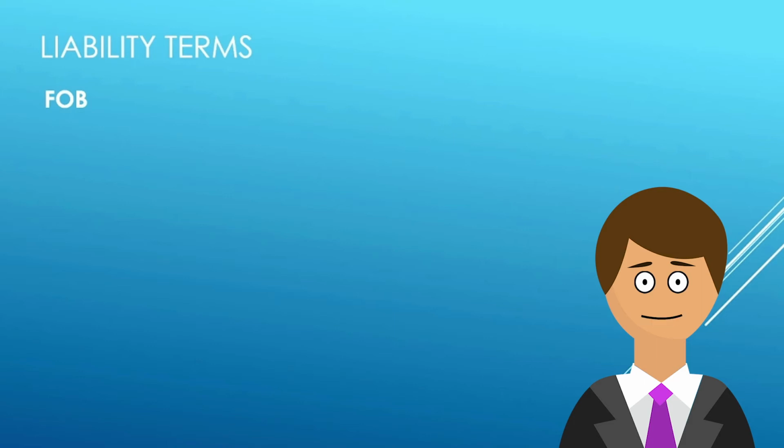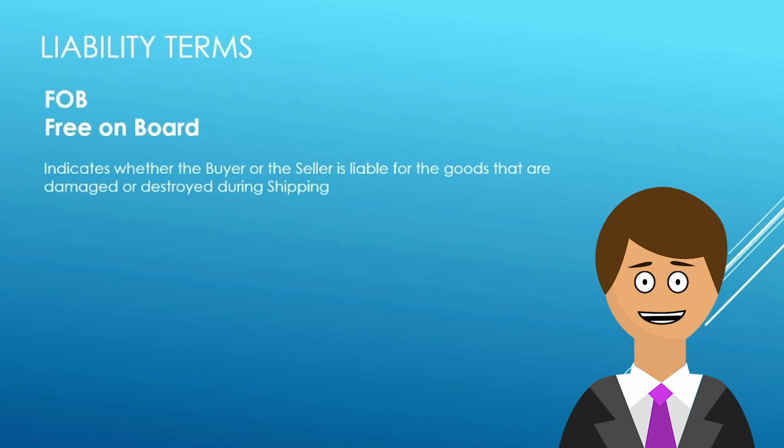So it's something called FOB, or free on board. Free on board indicates whether the buyer or seller is liable for those goods that are damaged or destroyed during shipping.